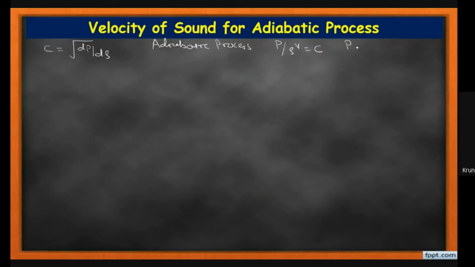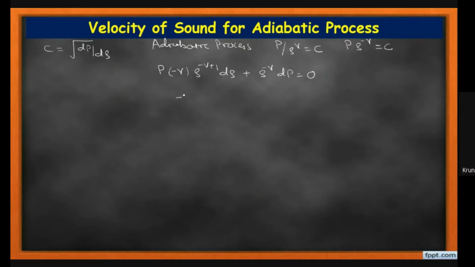So we can rearrange that as P into rho to the power minus gamma equals constant. Now we do the differentiation again. P is constant, so rho to the power minus gamma becomes minus gamma into rho to the power minus gamma plus 1 into d rho, plus rho to the power minus gamma as it is into dP equals 0. The differentiation of a constant is 0. Now we rearrange the terms.